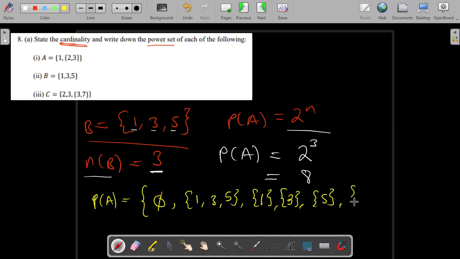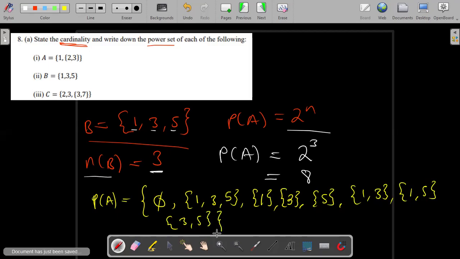I can have the set containing 1 and 3, then the set containing 1 and 5, then the set that contains 3 and 5 only. Then I can close that there.